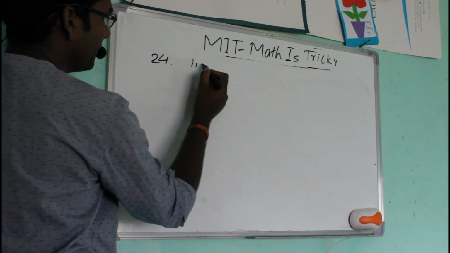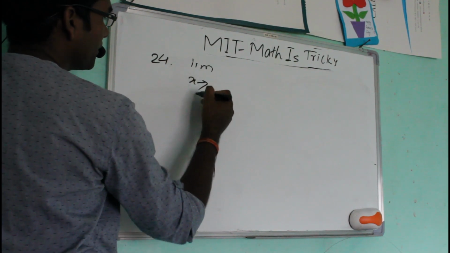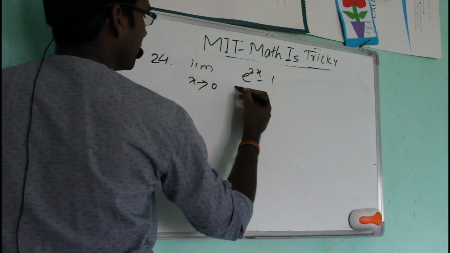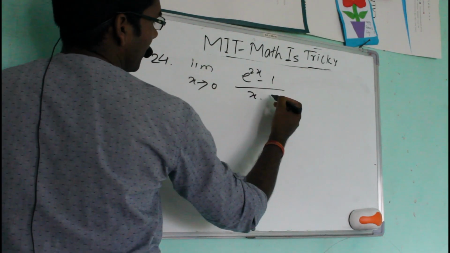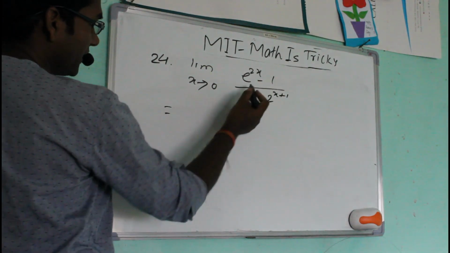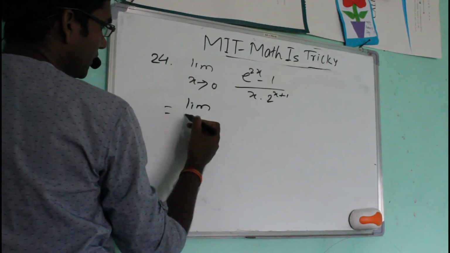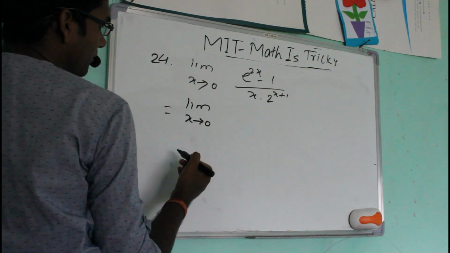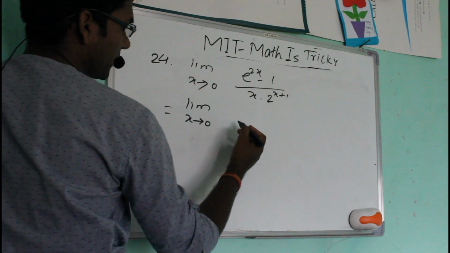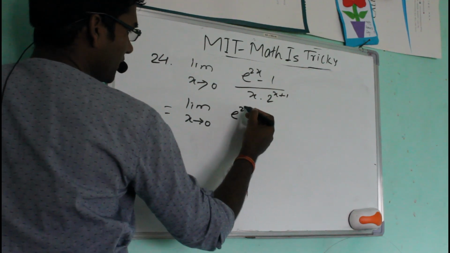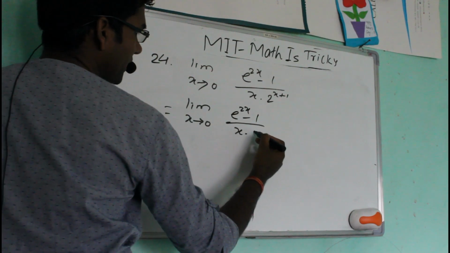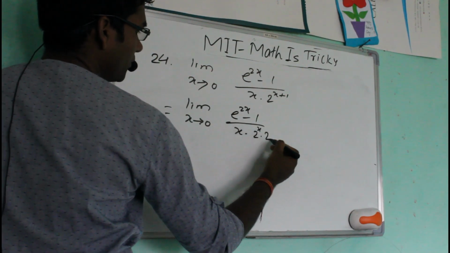Next problem is here. Limit x tends to 0, e power 2x minus 1 by x, and here it is 2 power x plus 1. To solve this, again I'm trying to use the same formula: limit x tends to 0, e power x minus 1 by x is 1. So let's balance this 2x minus 1 by x into, we can write here 2x into 2.